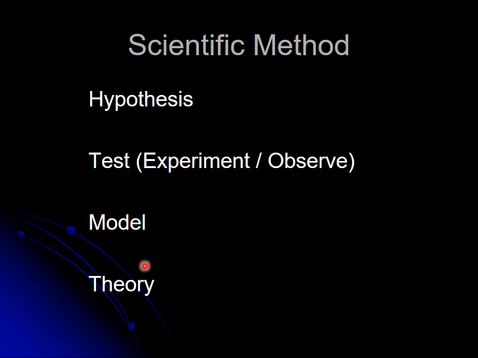Now, after it has survived many, many, many tests, we call it a theory. A theory is really a set of models and mathematical analysis and mathematical descriptions. The layman's term theory is pretty much the same as hypothesis: I have a theory this happened.